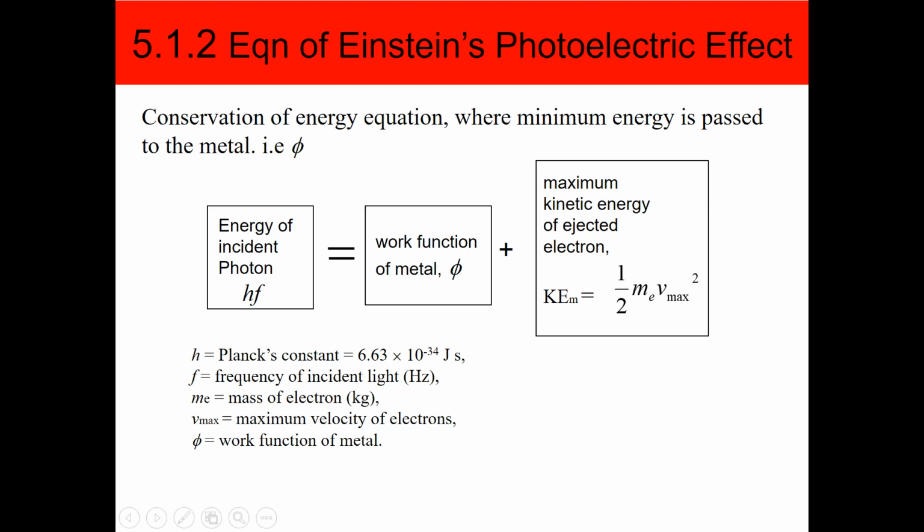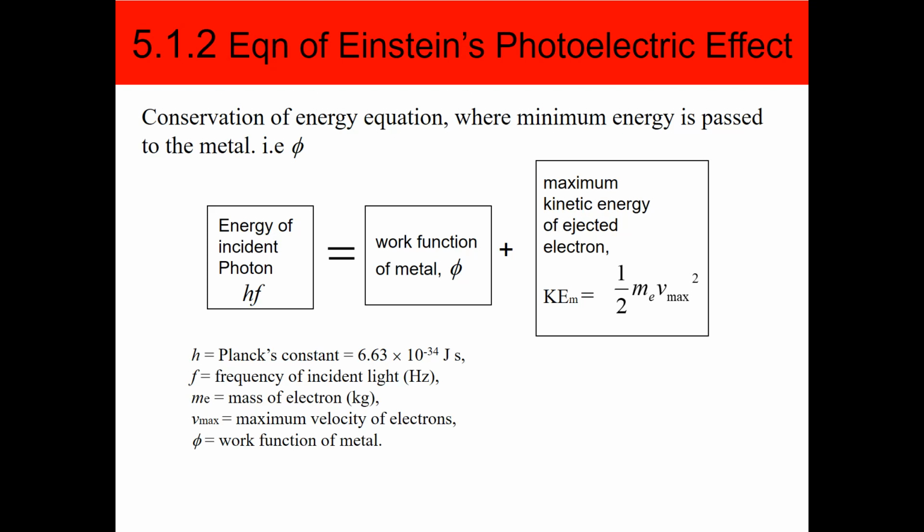Einstein's photoelectric effect measures the work function of the metal, not the energy of the metal. What does that mean? It requires the minimum energy to the metal, which means the energy of the electron emitted is the maximum. Right? That means Einstein is looking at a very particular condition. Right?